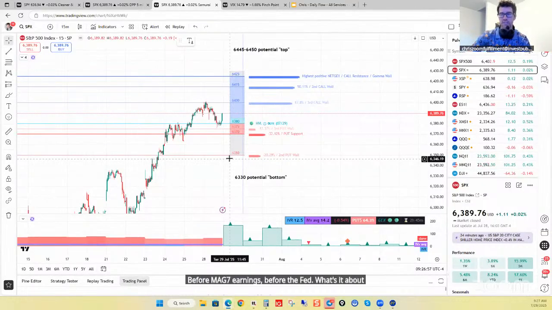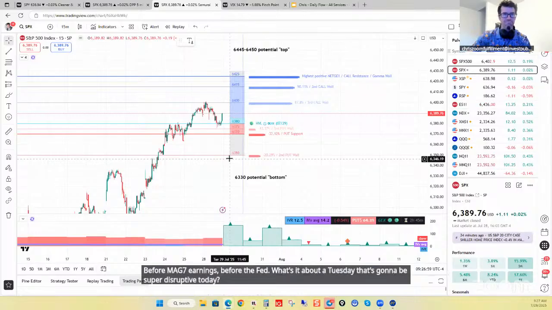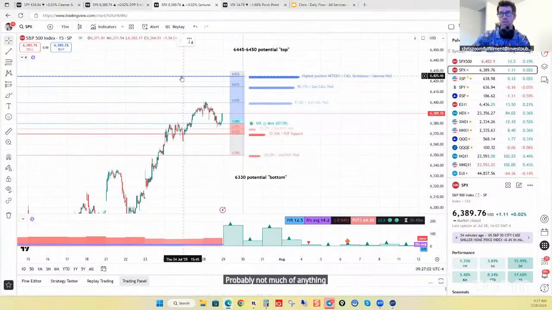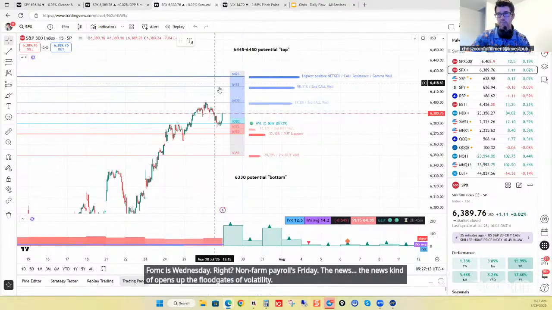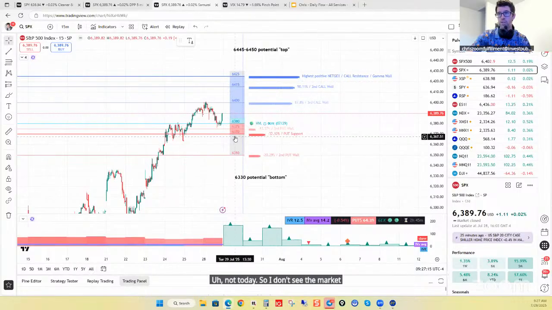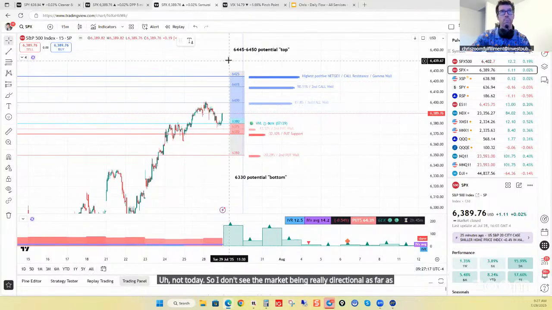What's it about a Tuesday that's going to be super disruptive today? Probably not much of anything. So the market should be pretty calm. FOMC is Wednesday, right? Non-farm payrolls Friday. The news kind of opened up the floodgates of volatility. Not today. So I don't see the market being really directional as far as stretching 1% today.